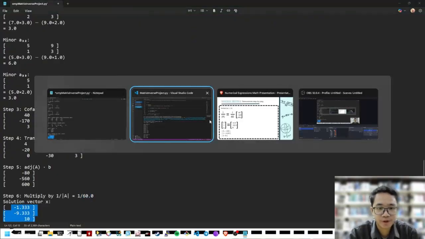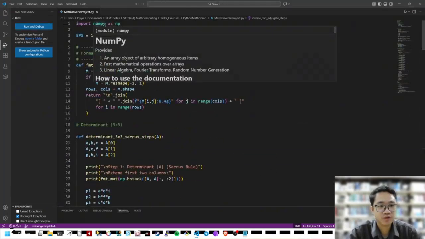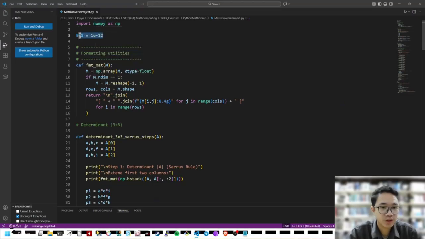So let's inspect the code. In Python, NumPy is used for the mathematical calculation, and this operation is used to check whether the determinant is equal to 0 or not. If it is 0, then it is singular, and thus the inverse matrix cannot be calculated.